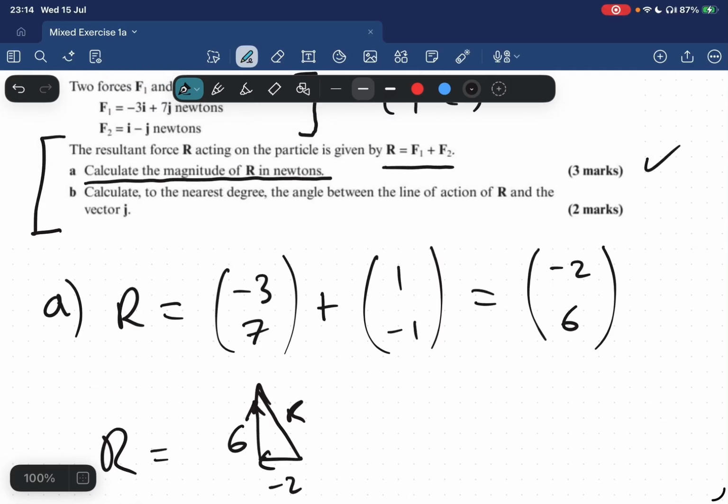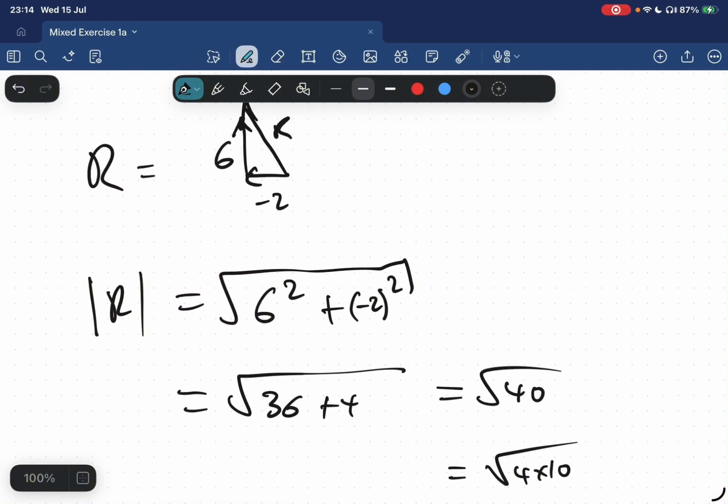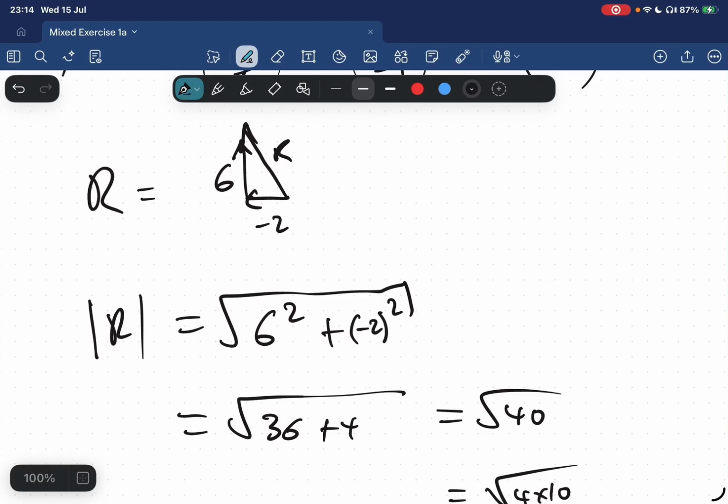Next, calculate to the nearest degree the angle between the line of action of R and the vector J. Lots of strange wording here. Line of action of R. What does all of this mean?